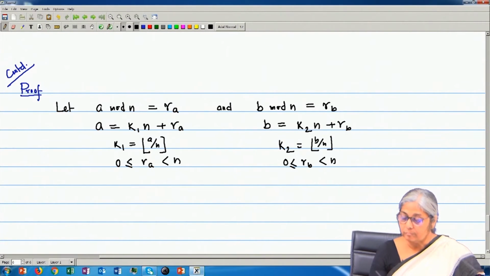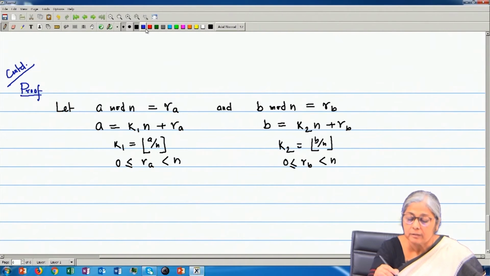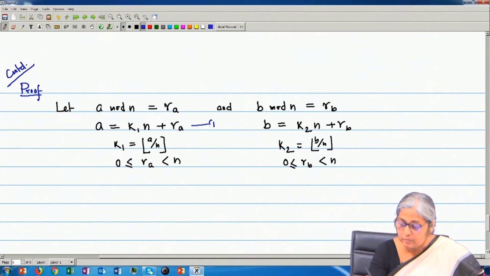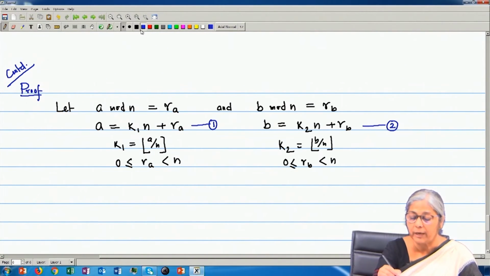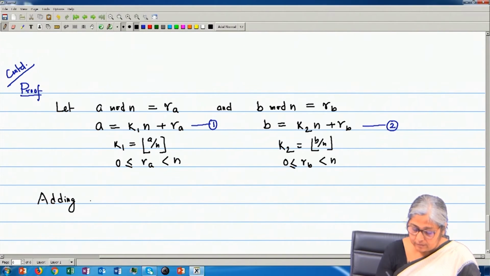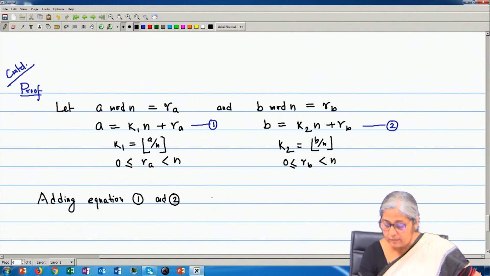Now, if I add equation 1 and equation 2, we will be getting a plus b equal to k 1 n plus r a plus k 2 n plus r b.